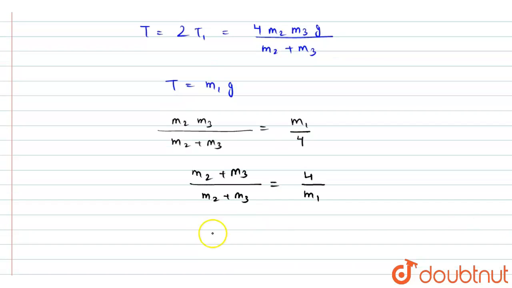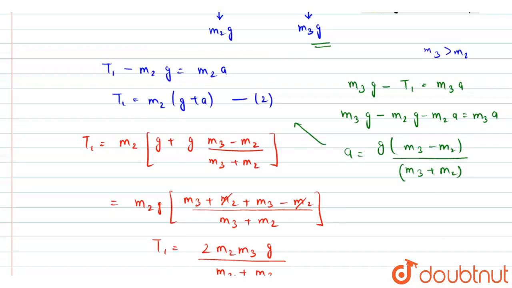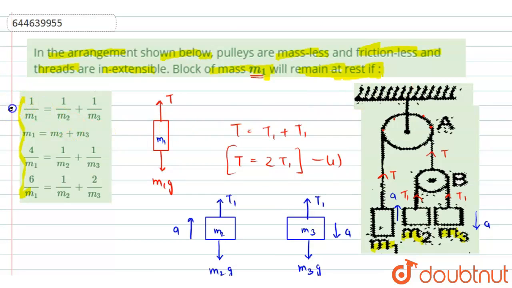So this equation we can finally write as 4 by m1 equals 1 by m2 plus 1 by m3, and this is the required relation between the three masses. From the given options A, B, C and D, option C will be the correct answer.